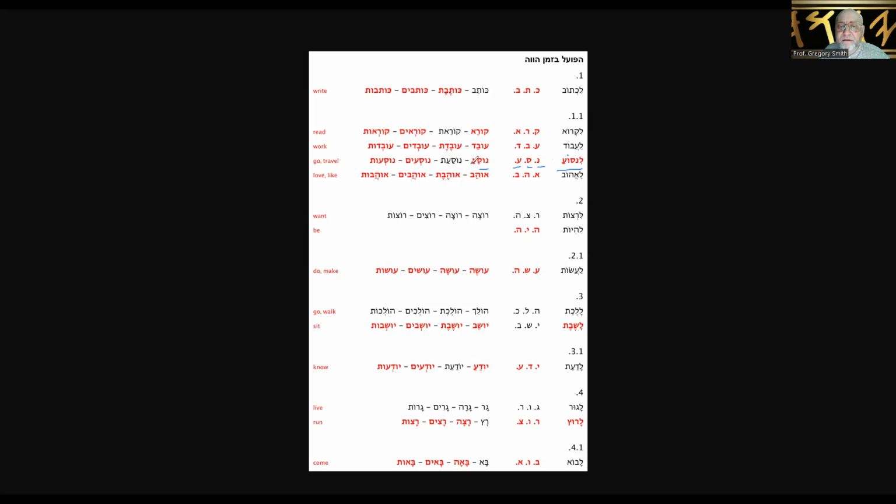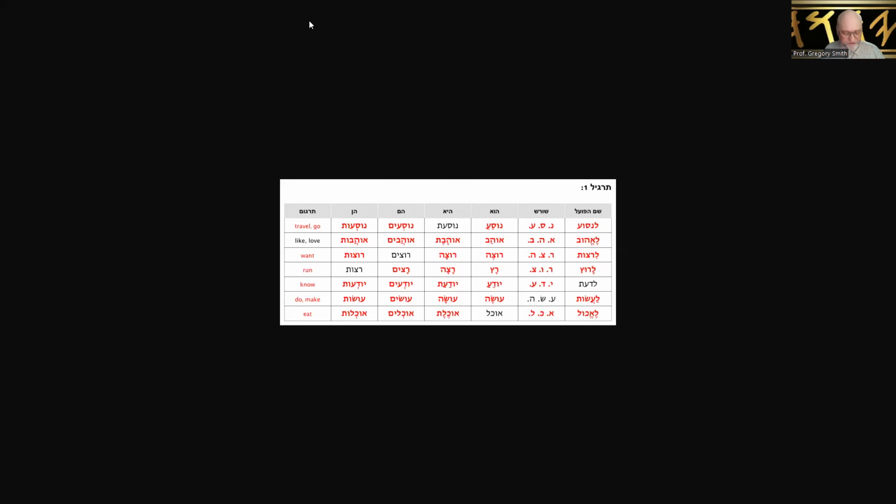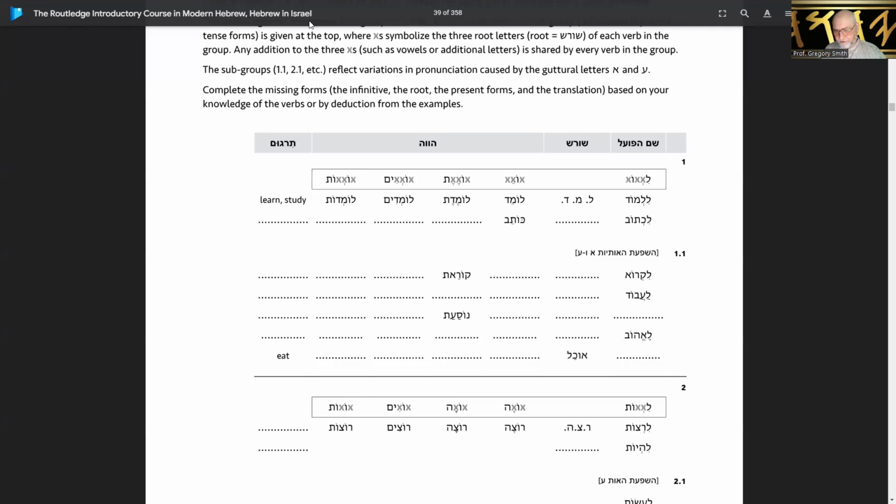He is driving, nosea. She is driving, nosa'at. We are driving, nosim. You all are driving, feminine plural, nosa'ot. And that means to go or to travel. Usually I think it has to do with conveyance by vehicle of some sort.